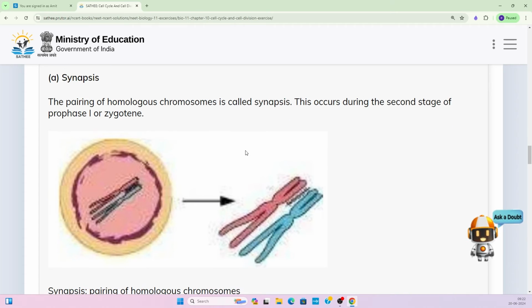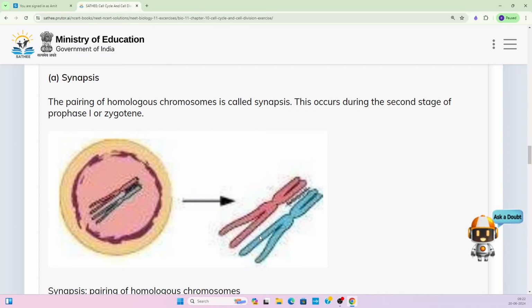The pairing of homologous chromosomes is called synapsis. This occurs during the second stage of prophase 1, that is the zygotene. The homologous chromosomes come very close to each other, and you can see the closeness.